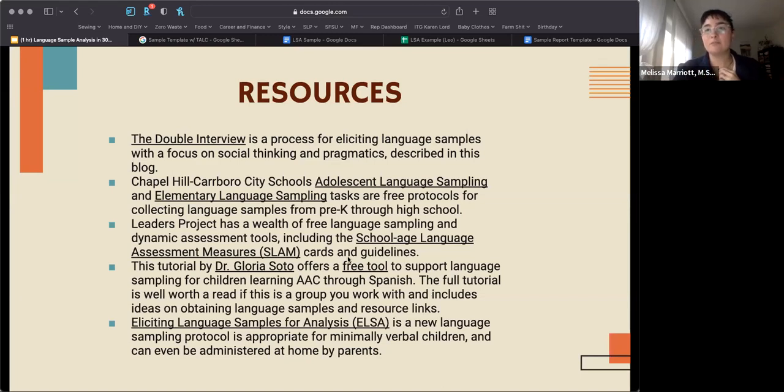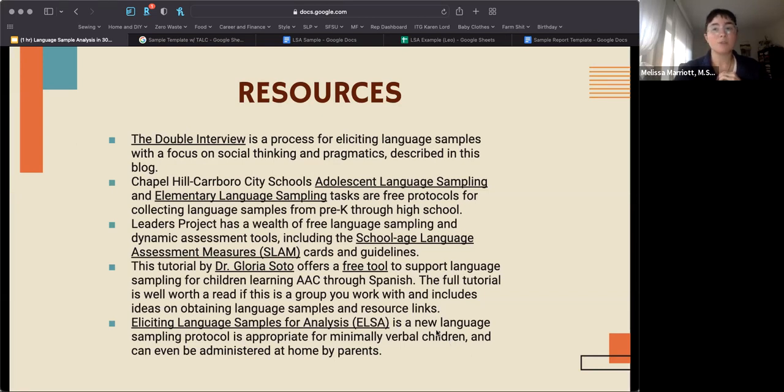So it's free, it's available online. There is an article where you can learn how to use the tool, and then the tool is also pretty awesome. And then eliciting language samples for analysis, or ELSA, is another new protocol that is freely available.